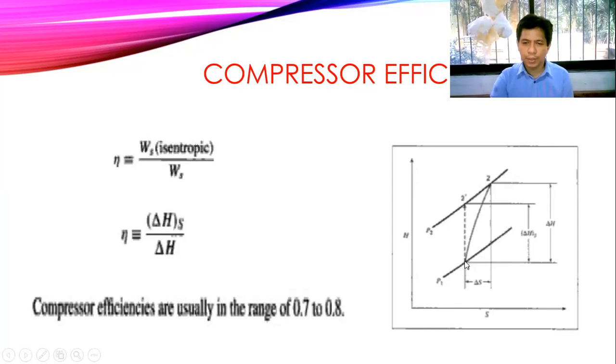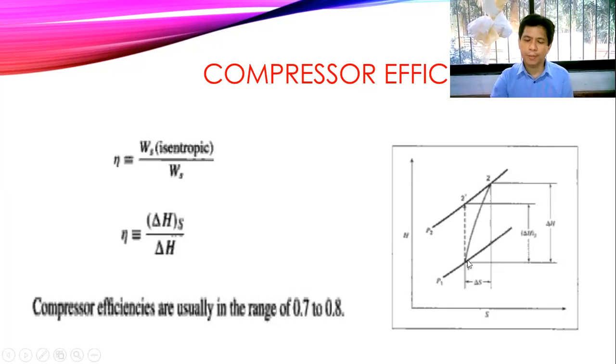If we have an isentropic process, constant S from 1 to 2 prime, take note that it will result in a smaller delta Hs relative to the actual delta H. So mas konti yung makukonsume niyang kuryente, syempre kung isentropic yung process.